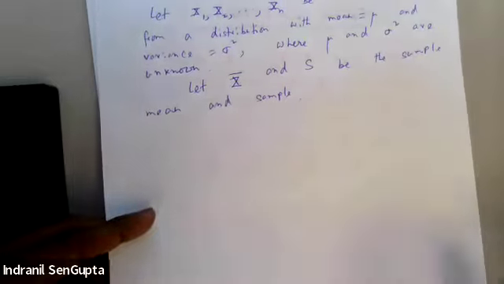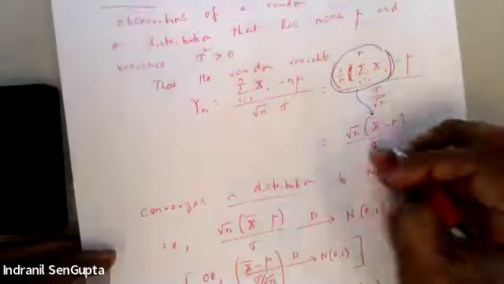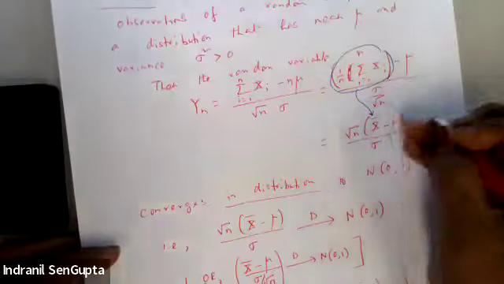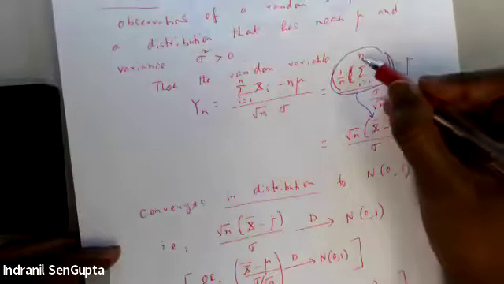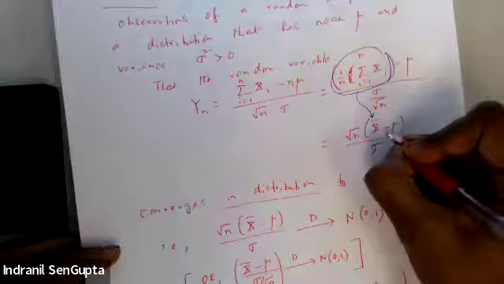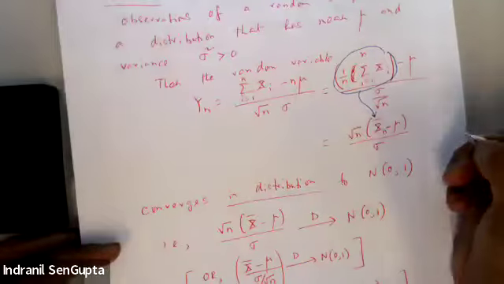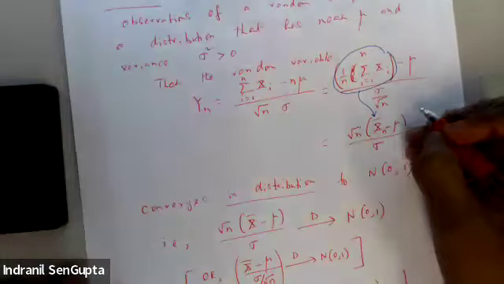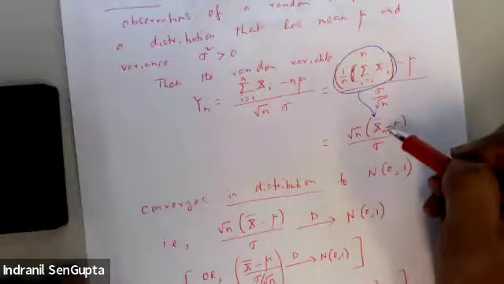Since I wrote the central limit theorem in this way, I just remembered that, to show that this X bar depends on N, I should write the N right here. So this is just to show that this X bar is dependent on N.